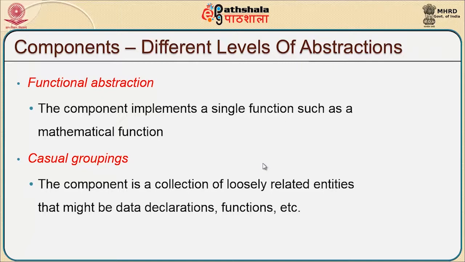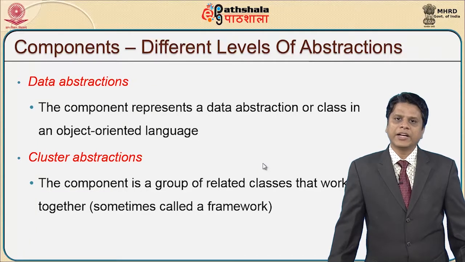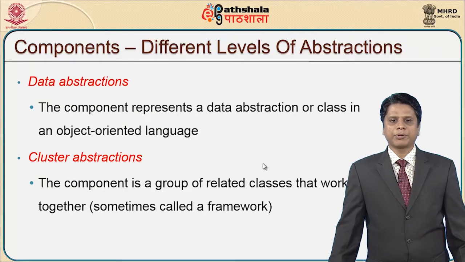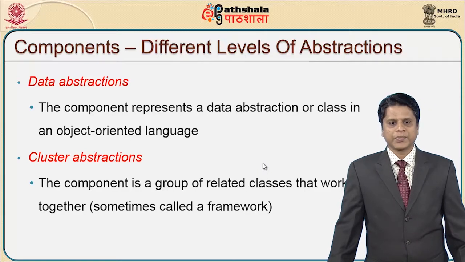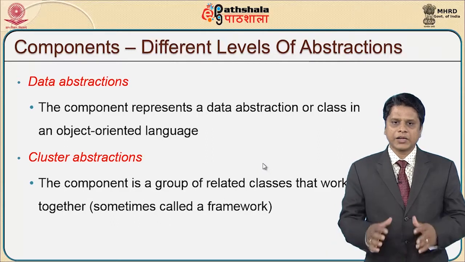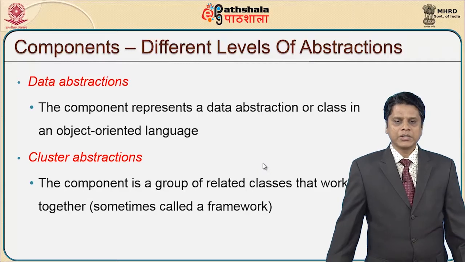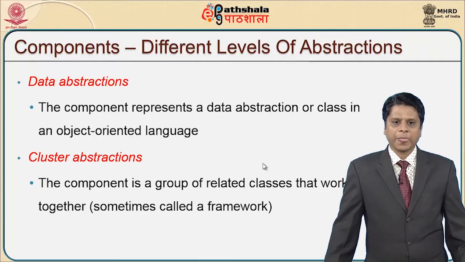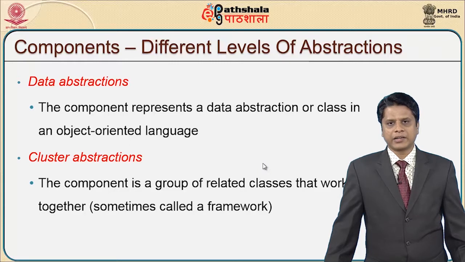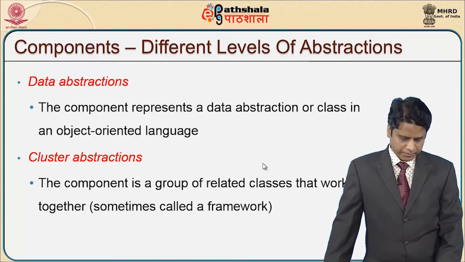The component is a collection of loosely related entities that might be declarations, functions, etc. Otherwise it can have data abstractions, where the component represents a data abstraction or a class in an object oriented language. It can even be cluster abstractions, where the component has a group of related classes that work together, sometimes called a framework. This framework, which has a group of related classes, is quite predominant in today's research community.